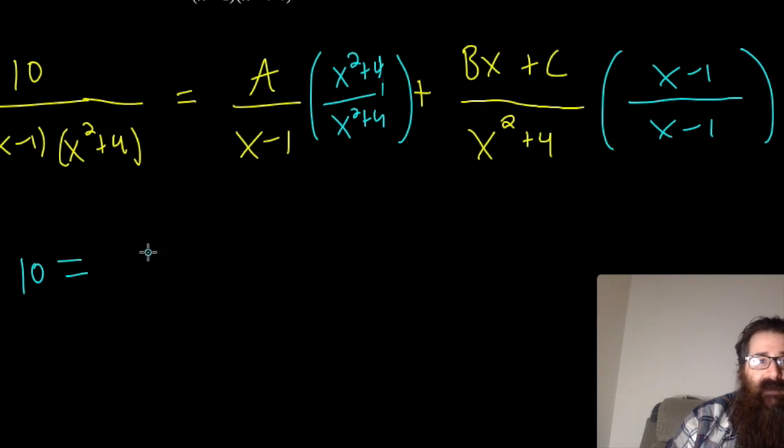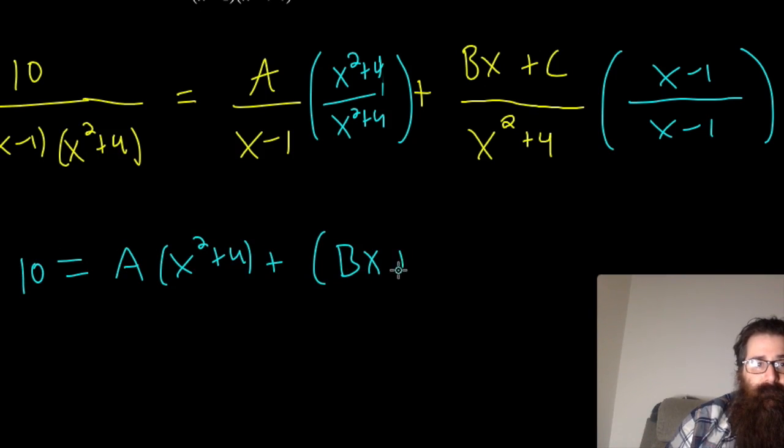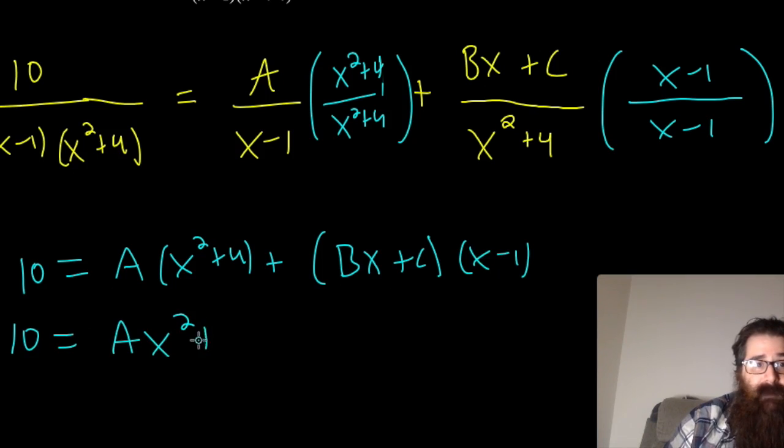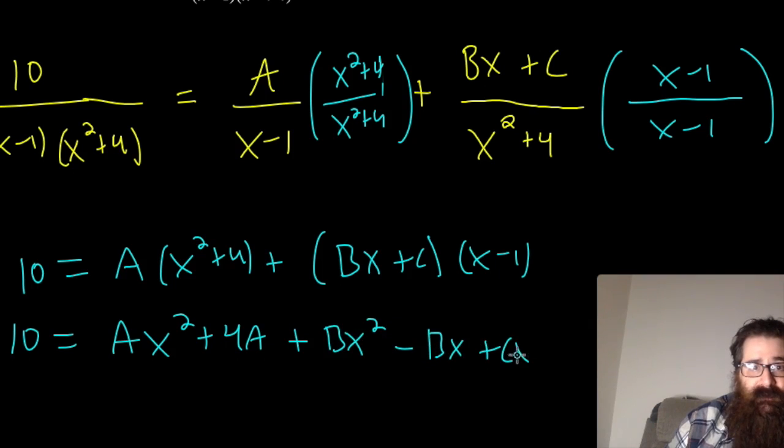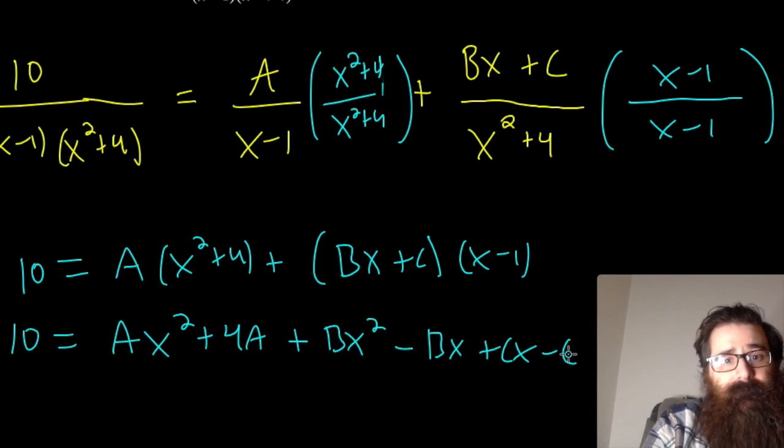So we'd say 10 is equal to A times x squared plus 4 plus Bx plus C in parentheses times x minus 1. We would expand this out. 10 is equal to Ax squared plus 4A plus, here we have Bx squared minus Bx plus Cx minus C.